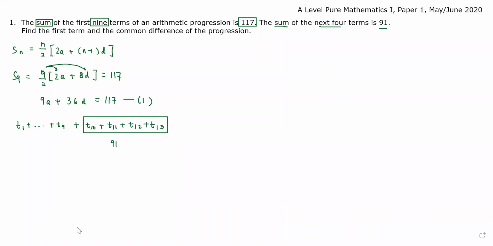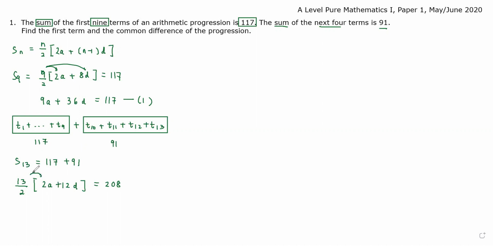And you know that the sum of the first 9 terms is 117. From here, you can see that the sum of the first 13 terms would be 117 plus 91. The sum of the first 13 terms is given by 13 over 2 times (2a plus 12d), and that is 208. 117 plus 91 is 208.